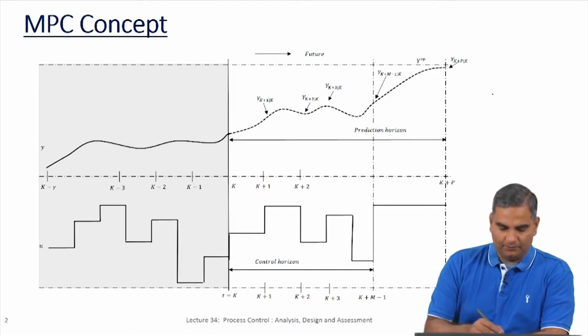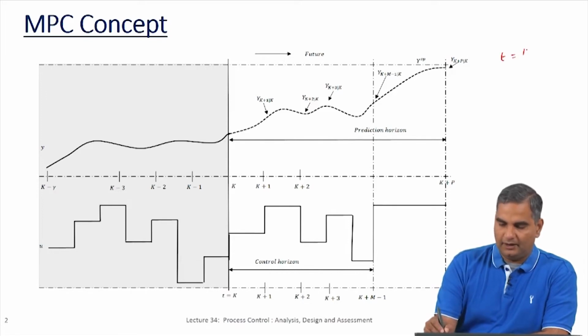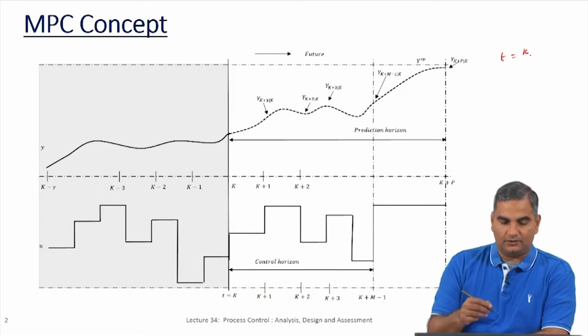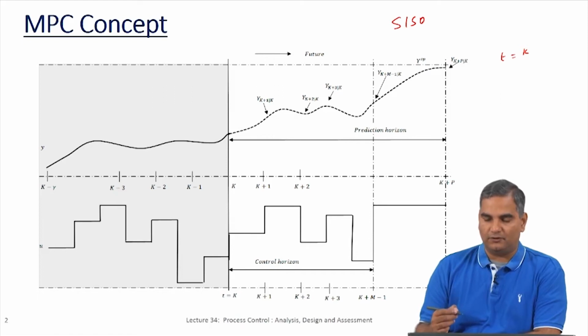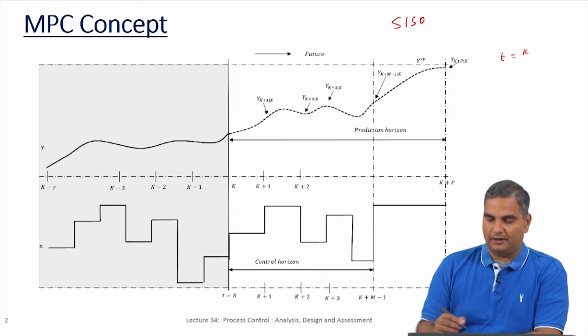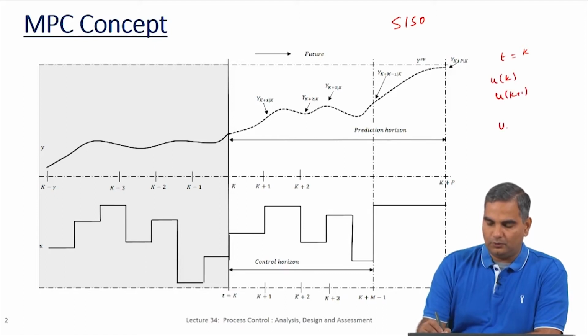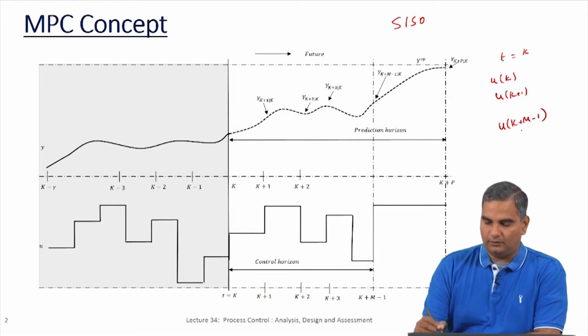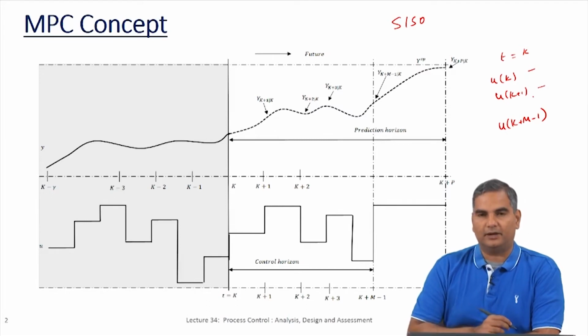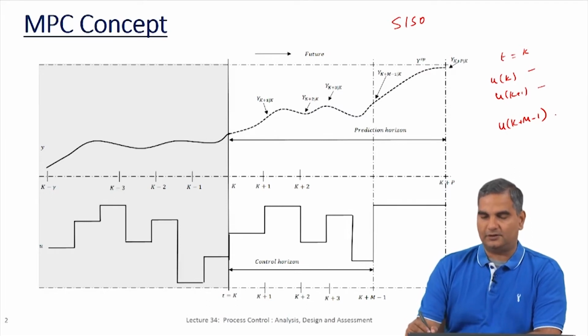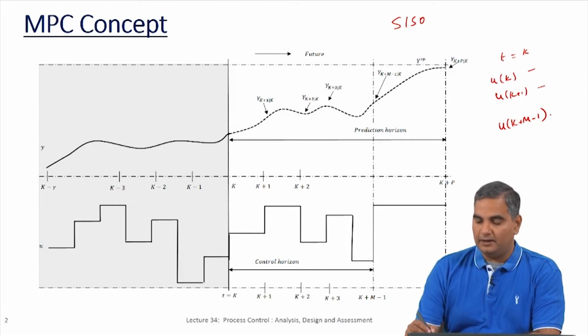If I am sitting at time t equal to k, and I am making control move plans, since I am still talking about SISO systems here, I have to make decisions about values of u at m steps, and what those m steps are: u(k), u(k+1), and all the way up to u(k+m-1). So, this is the first decision I have to make, what value the input should take at time k, and the second decision is what value the input should take at time k+1, and the mth decision is what value it should take at time k+m-1.